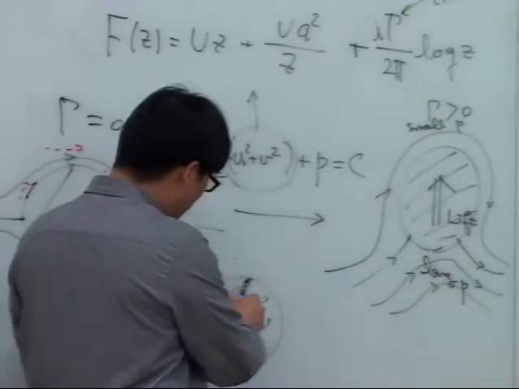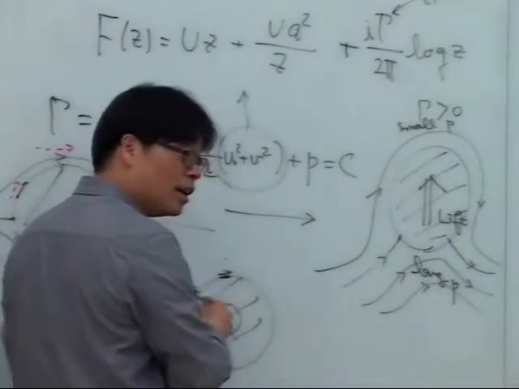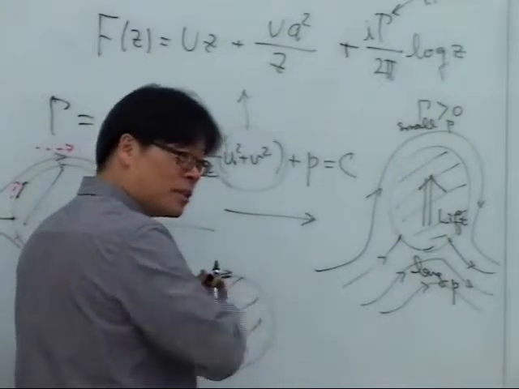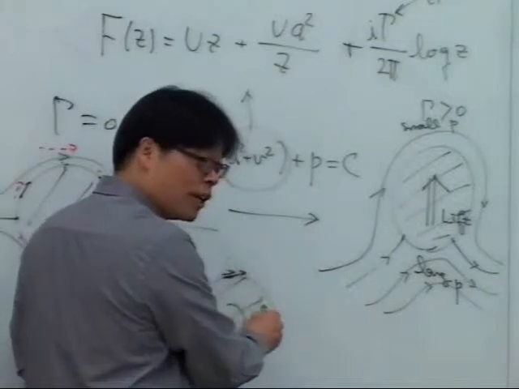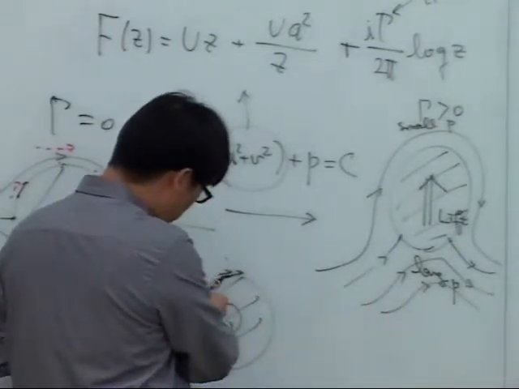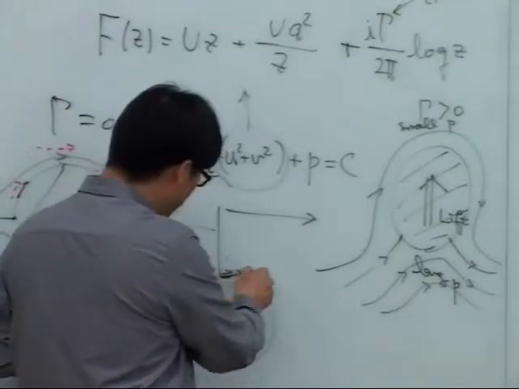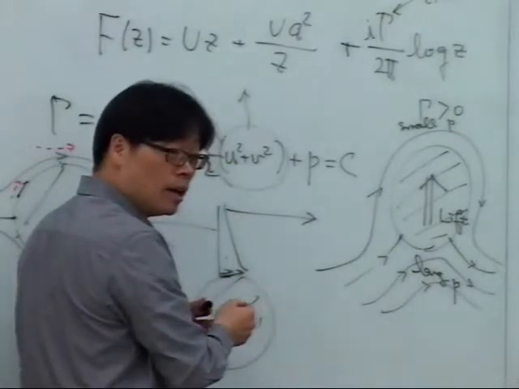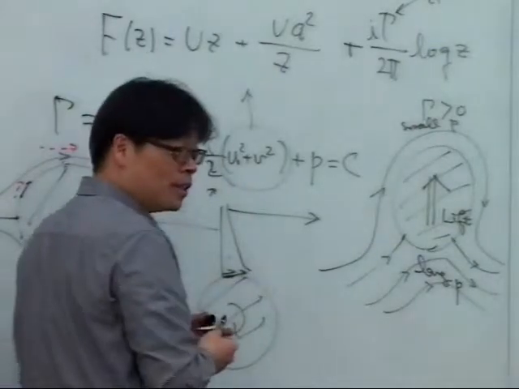Because there is no friction between this surface and the fluid, and therefore nothing happens. But if you have viscosity, then because this surface is moving, because of the no-slip boundary condition, there is some velocity here, and then it decays as you move far away from the circular cylinder.